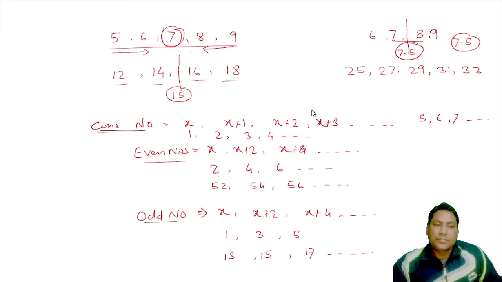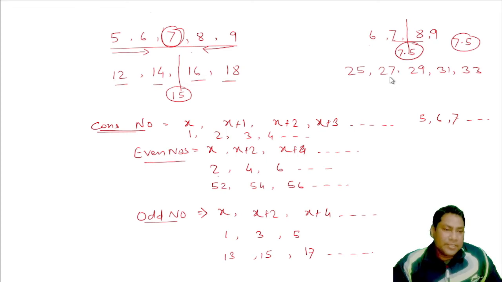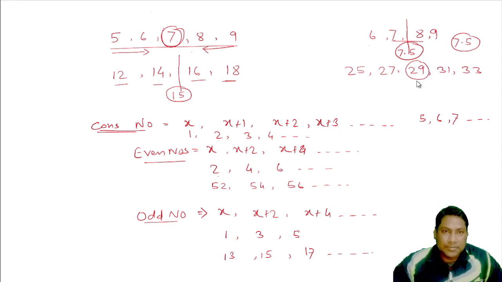Now if you look here, these are 25, 27, 29, 31 and 33. These are consecutive odd numbers. So the middle number will be the average of these numbers. So 29 will be the average of 25, 27, 29, 31 and 33.